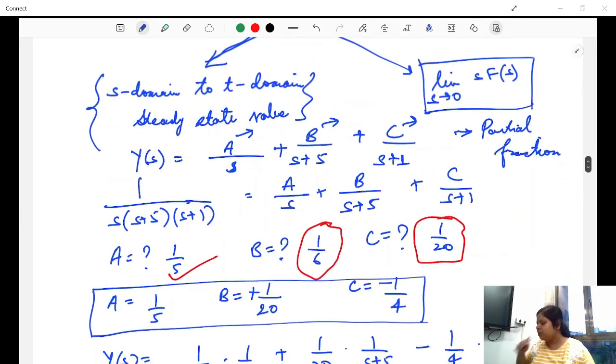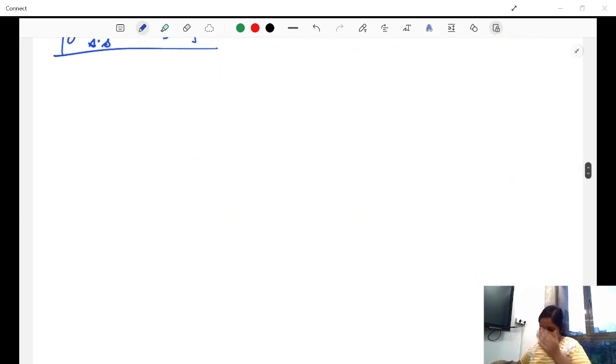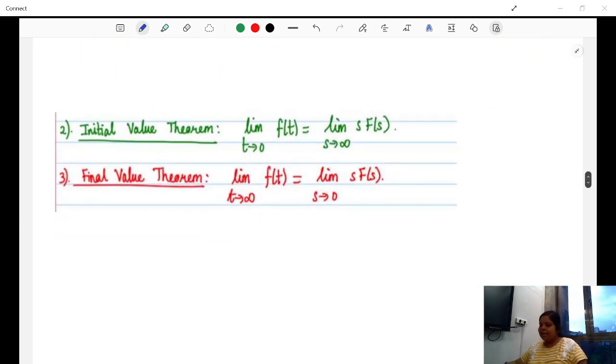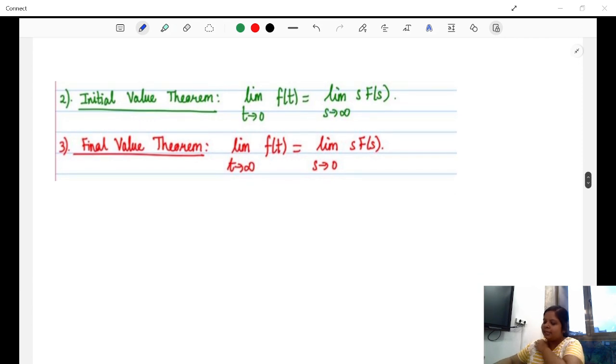Another thing we can do is we're not going to time domain. We will just use the Laplace domain only and change the approach. So, in the lecture, it was told that there are two theorems, initial value theorem and final value theorem. Please note, initial value theorem is when t tends to 0, this is the initial condition.